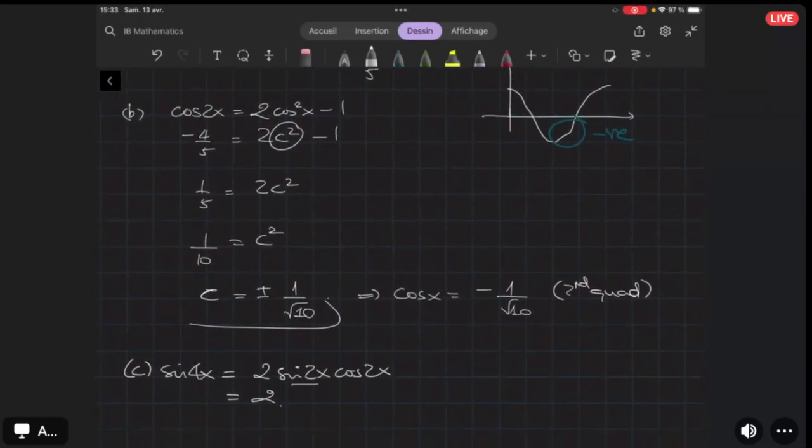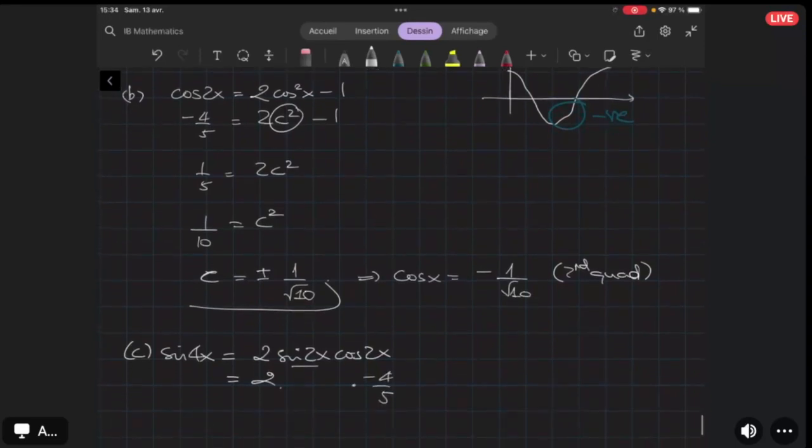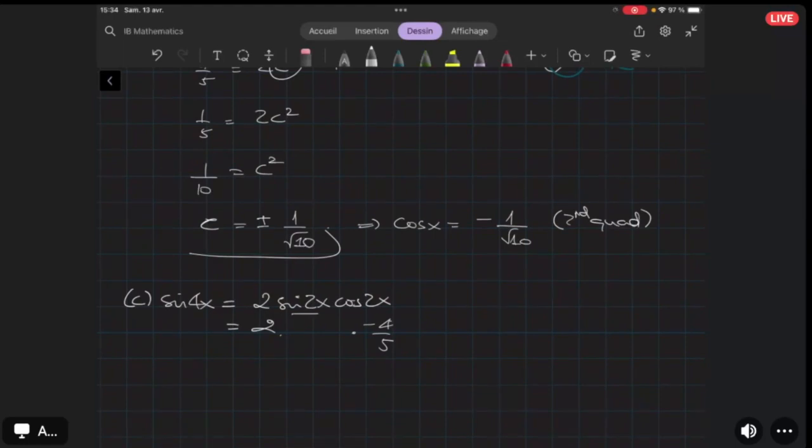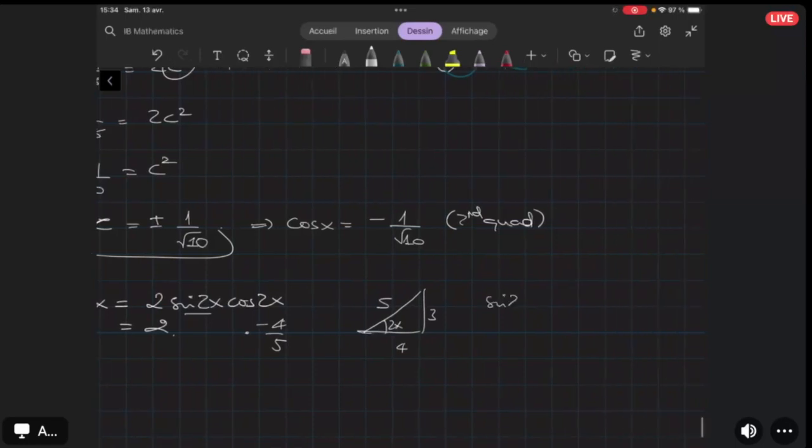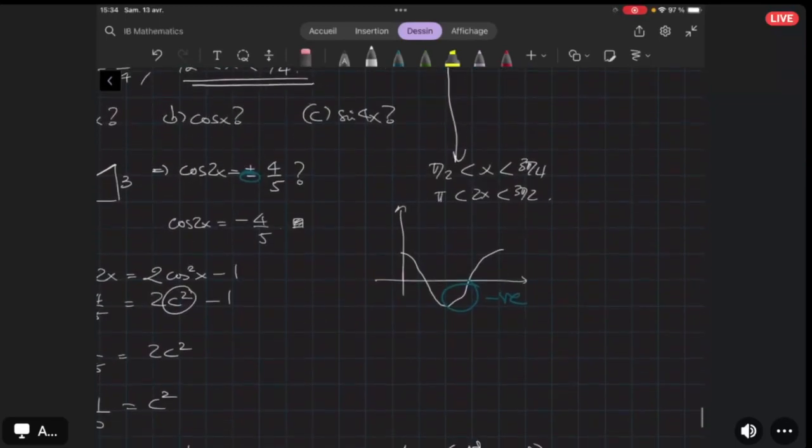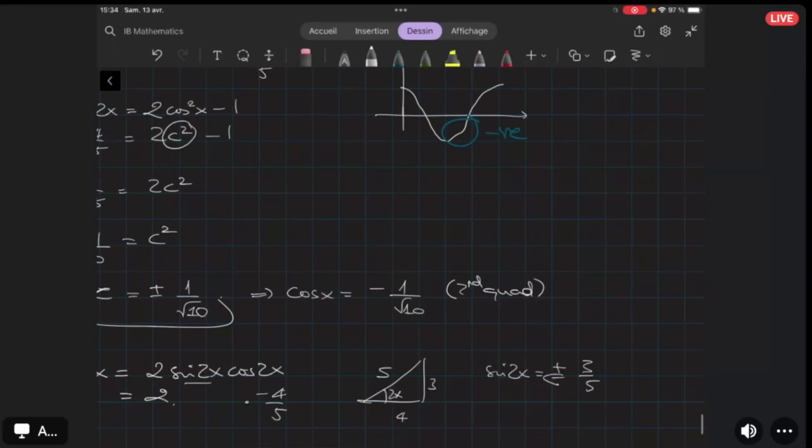We know the value of cos of 2x from A, spot on, negative 4 over 5. What is sine of 2x? Positive, negative? It would be negative, yes.